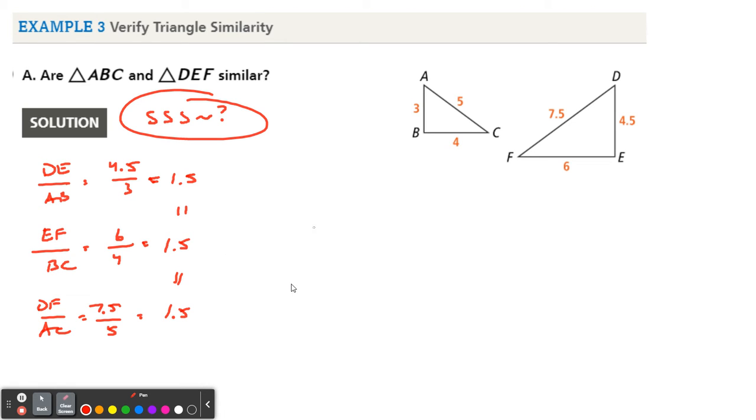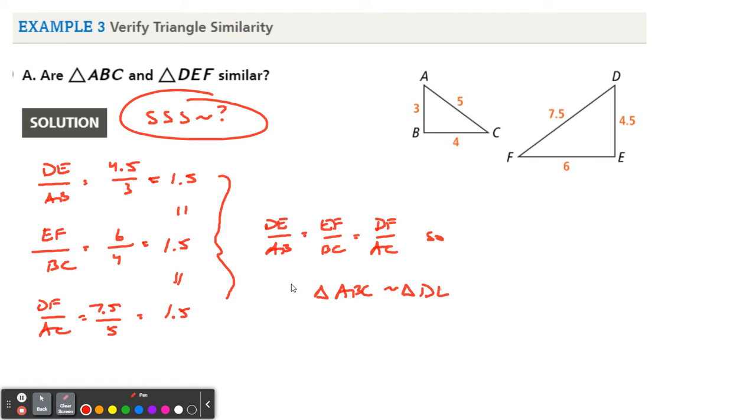These sides are proportional. So what this means is that DE over AB equals EF over BC equals DF over AC. The three pairs of sides are proportional. So we do know that triangle ABC is similar to triangle DEF by side, side, side similarity, right?